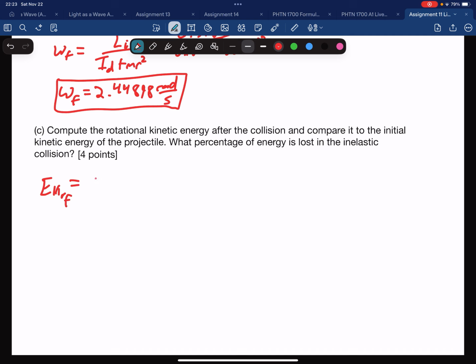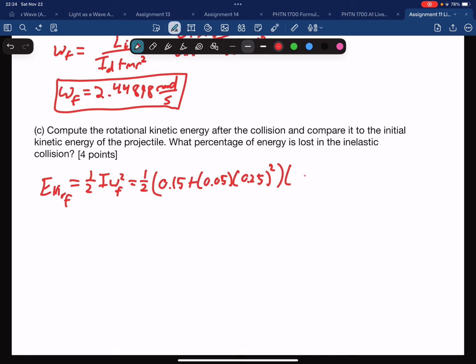That is 1/2 I omega squared, which is equal to 1/2. And here I'm going to add both of the moments of inertia together. Pretty much exactly as how we did it earlier. And we just found omega F.